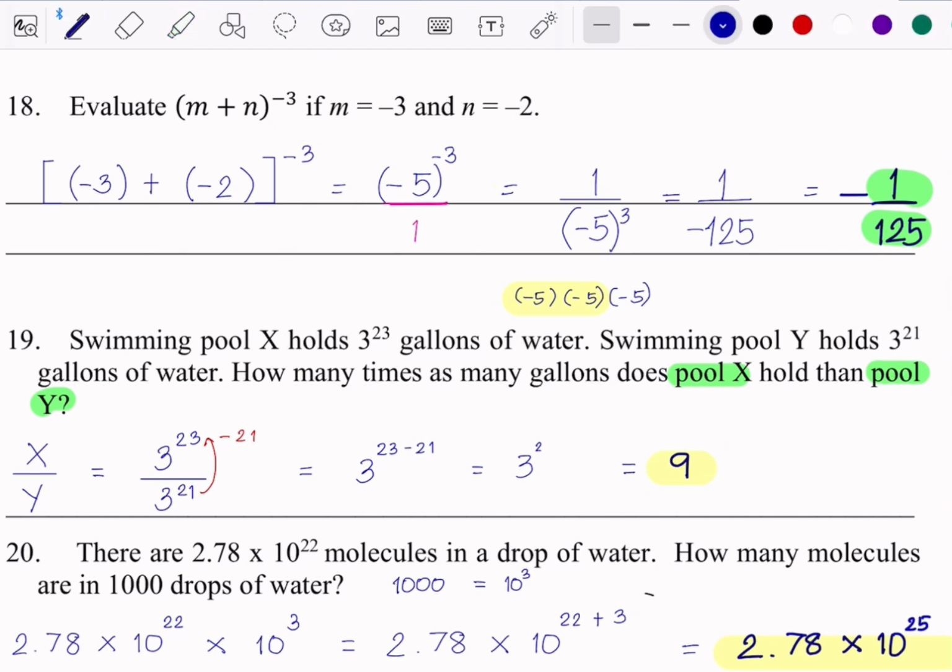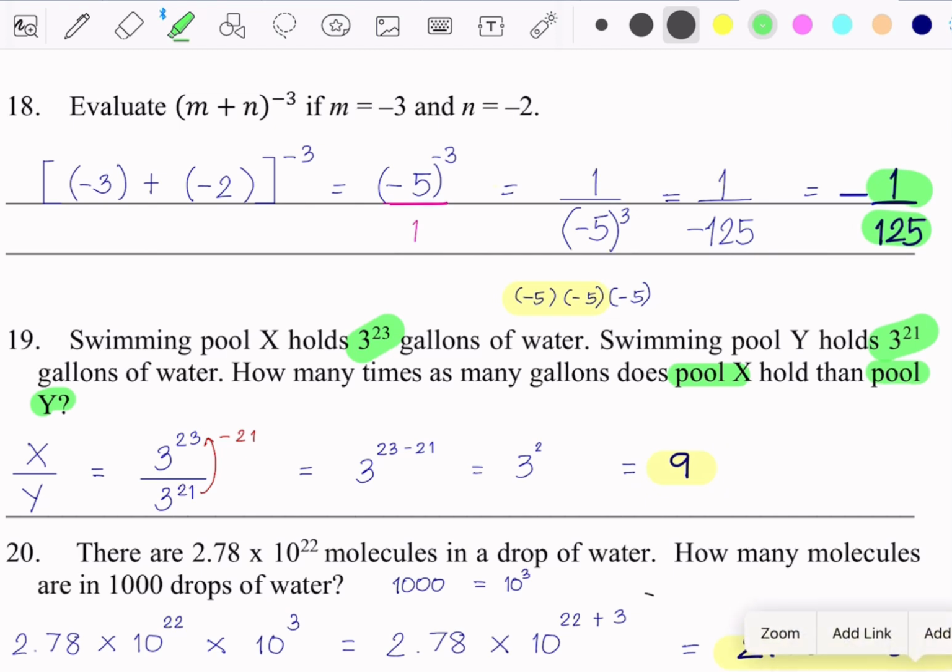Question number 19. Swimming pool X holds 3 to the power of 23 gallons of water. Swimming pool Y holds 3 to the power of 21 gallons of water. How many times as many gallons does pool X hold than pool Y? So we are comparing X and Y. So we have to divide them.